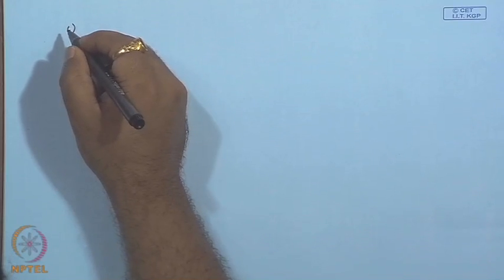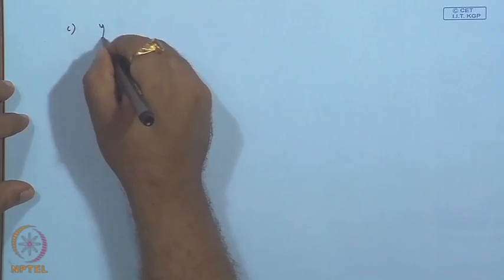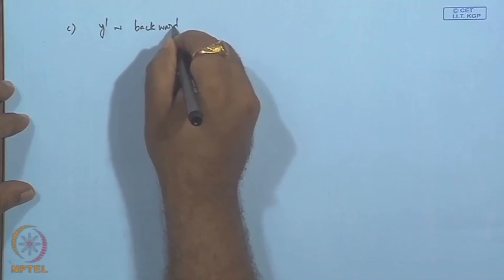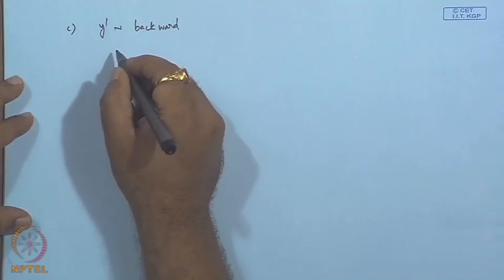Okay. So, this is the impact of the difference approximation. Now y dash is approximated by backward. Okay.